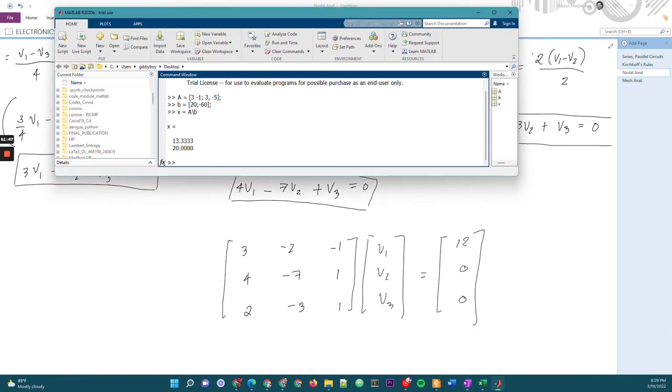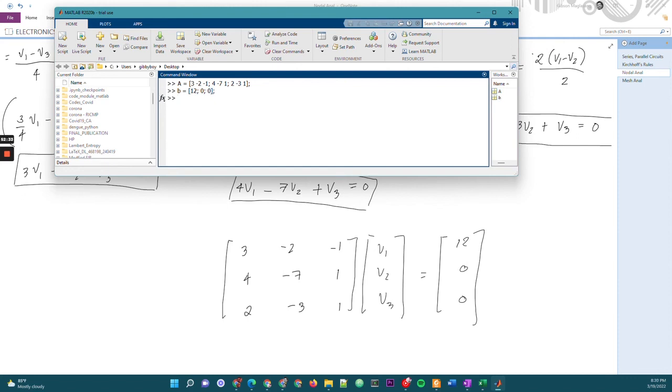So, atong gamiton ang MATLAB. So, atong i-clear sa ang cache. So, atong i-establish ang A. Input nato ang mga values. We have 3, negative 2, negative 1, semicolon, 4, negative 7, 1, semicolon, 2, negative 3, 1. Okay? And ang B nato, 12, 0, 0.